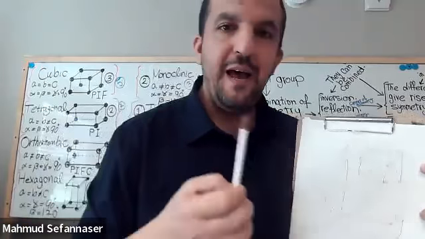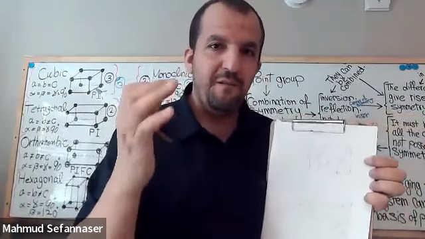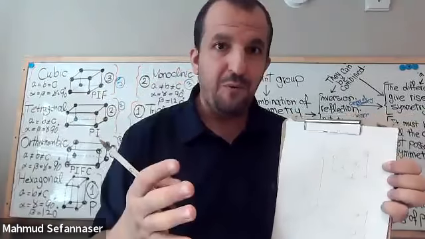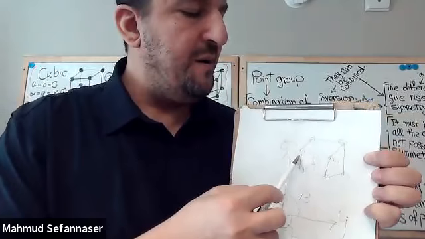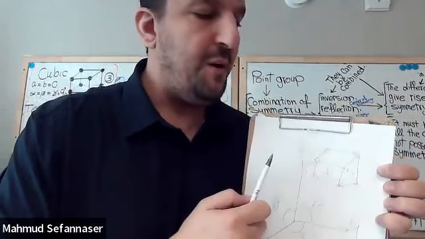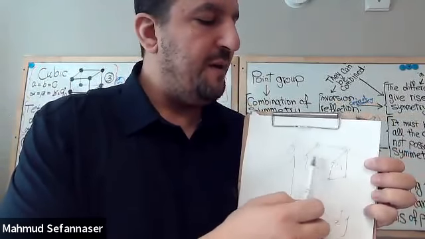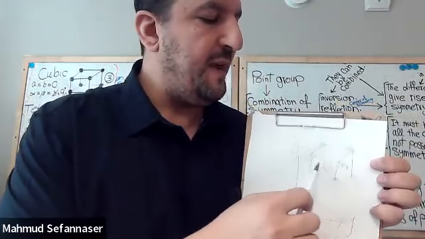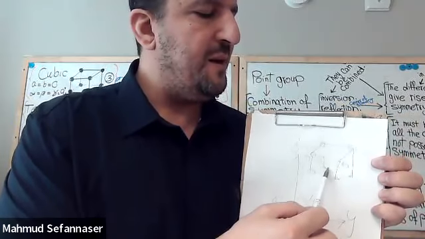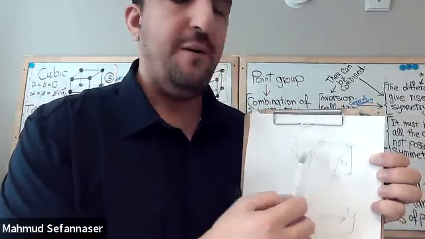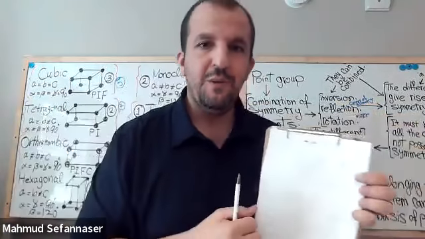So we call that face-centered. And if we try to define the face-centered in a proper way, we just need to have one atom here and one atom here. So that can be called face-centered. So one in this face and the other one in this face, or one of them in the back and the other one toward us right here. Okay, so this is face-centered.